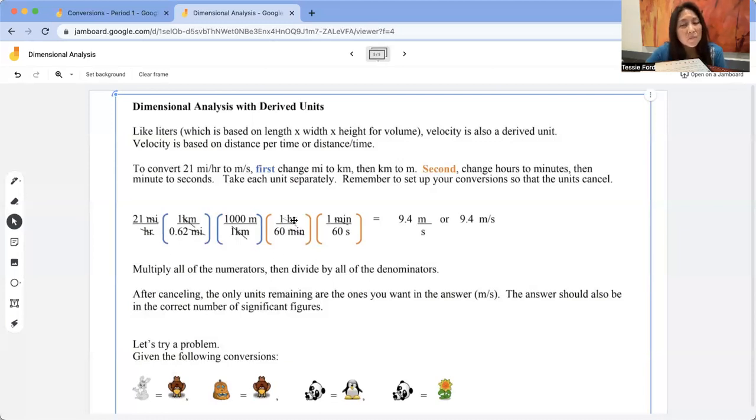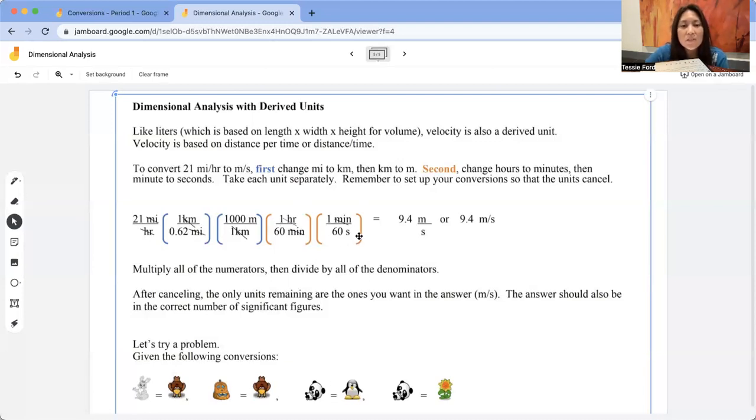So it goes on the top because it's opposite of the bottom so that they cancel. And then we know how many minutes are in an hour. So then we convert hours to minutes, like what this says. So cancel the hours, goes into minutes, but we don't want minutes. We want seconds as our end goal. So then cancel the minutes by putting it opposite, and then you got seconds on the bottom.